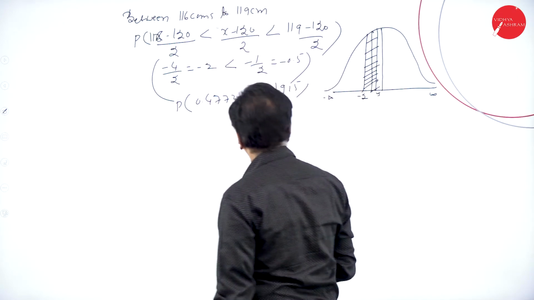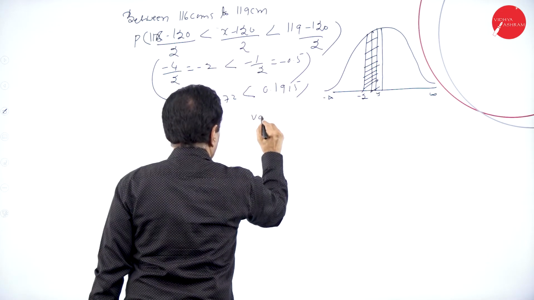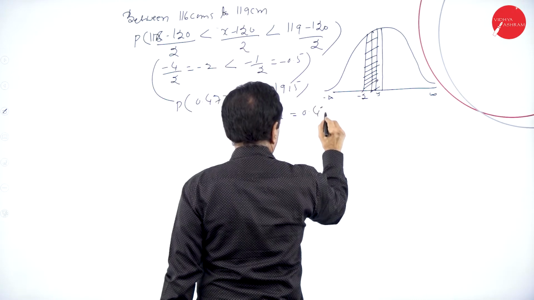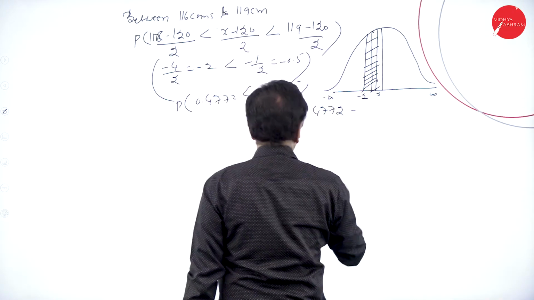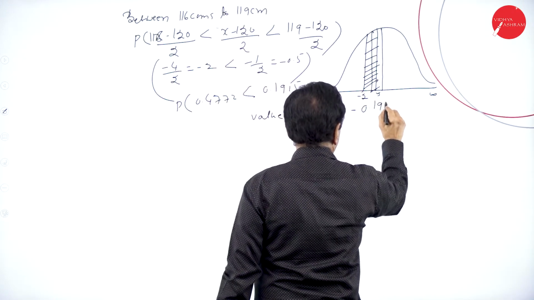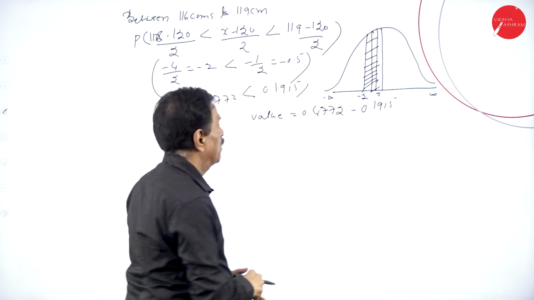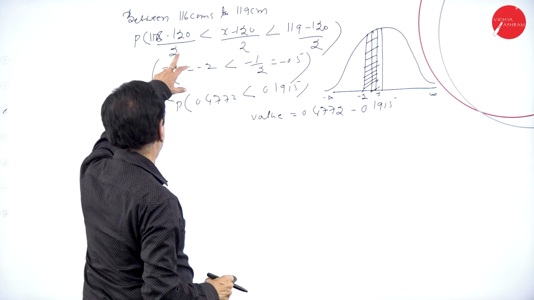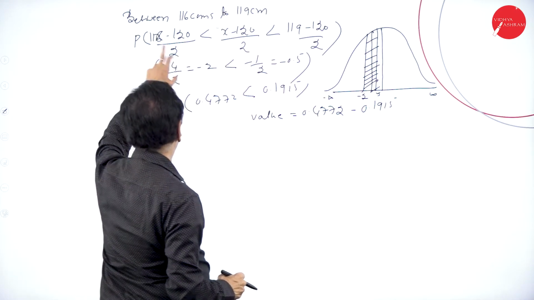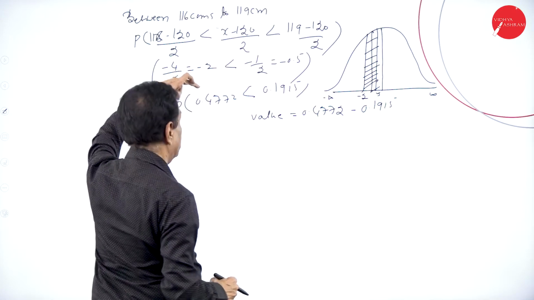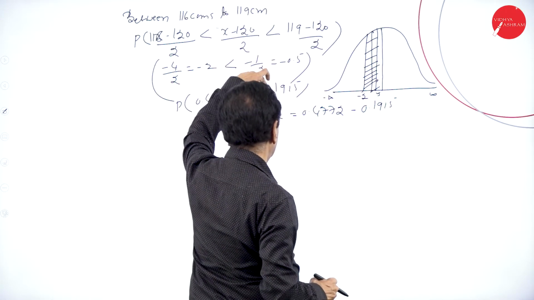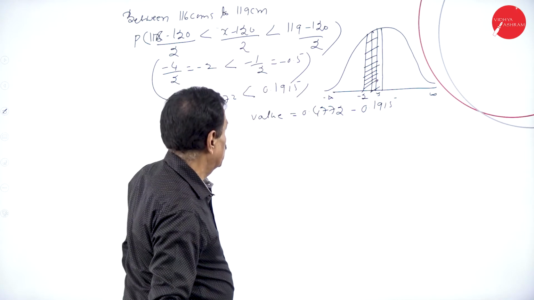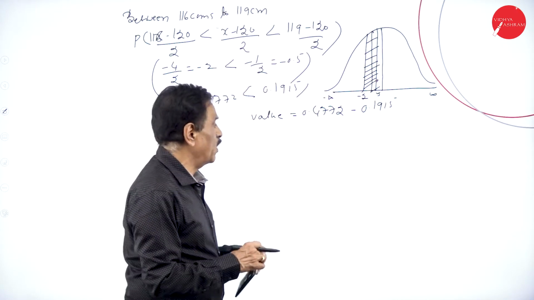From the highest value, deduct the lowest value. Therefore the value is 0.4772 minus 0.1915. So 116 minus 120 is minus 4, divided by 2 is minus 2, 0.4772. Another is 0.1915. So from the highest value, deduct the lowest value.